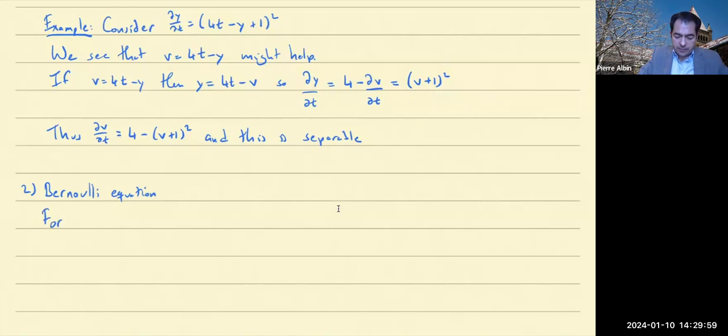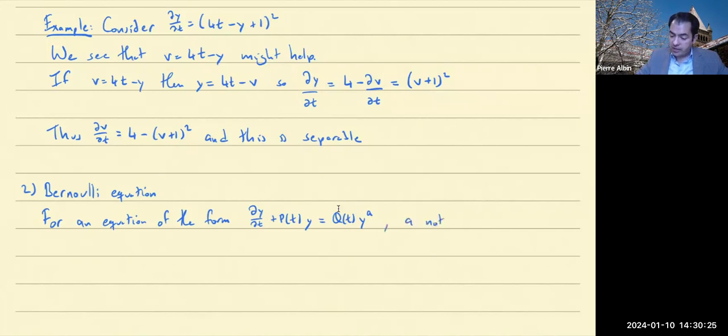So here's this trick. Suppose you have an equation that looks almost the same as the linear first order differential equation, except that here, instead of just having q of t, I have q of t times y raised to some power a.